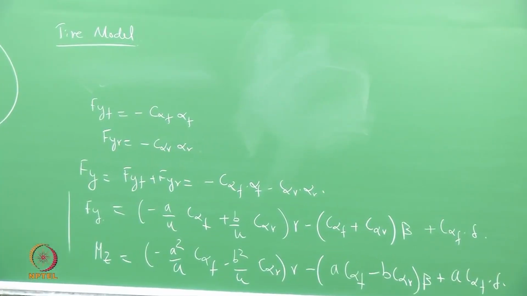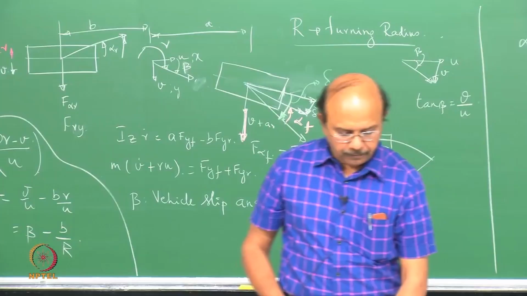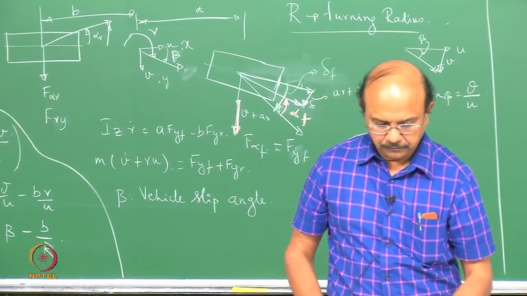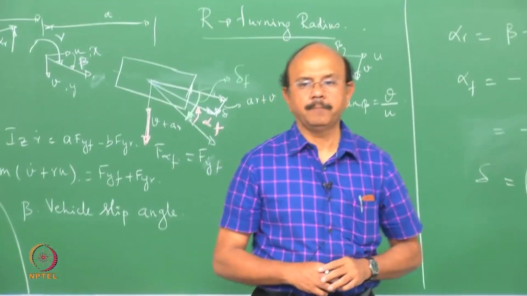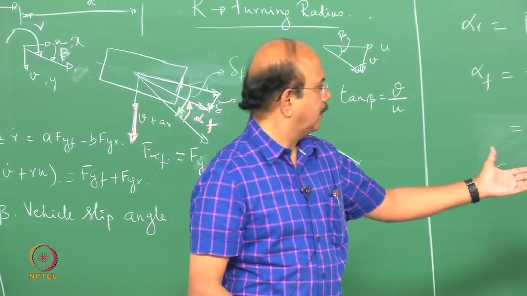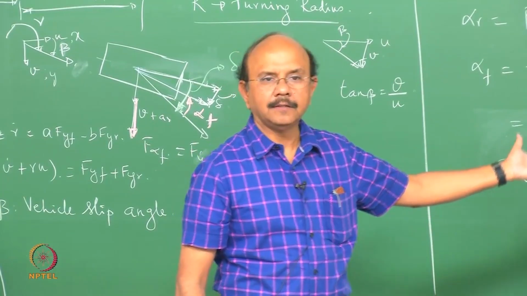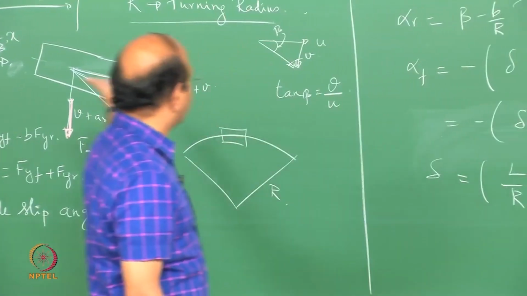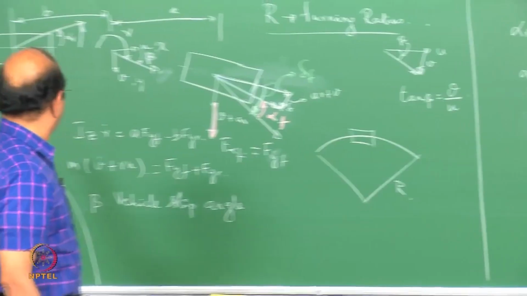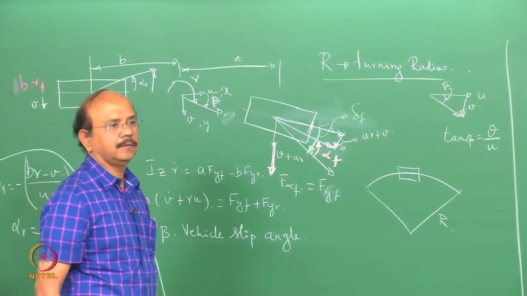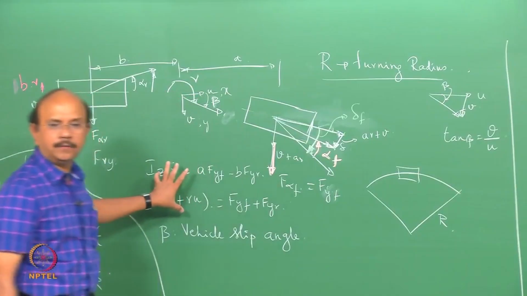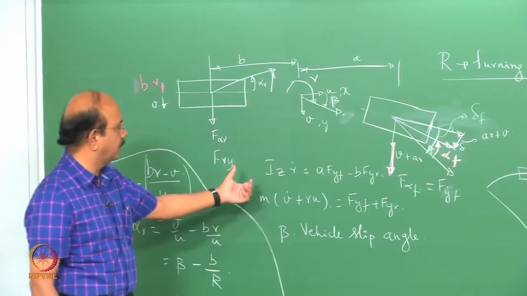Now, what is the next step? I have Fy and Mz. Go and substitute it back into my governing equation.